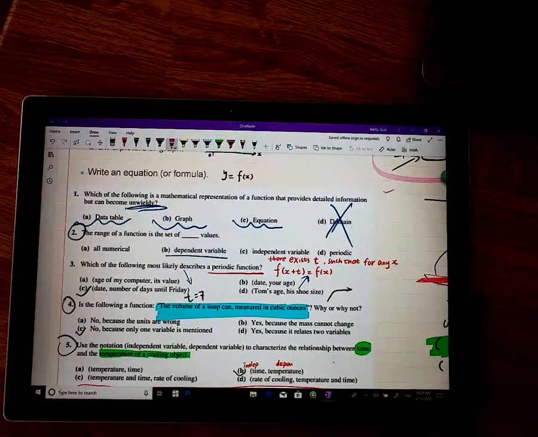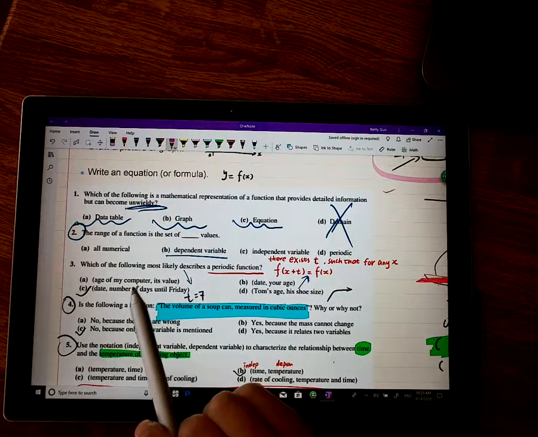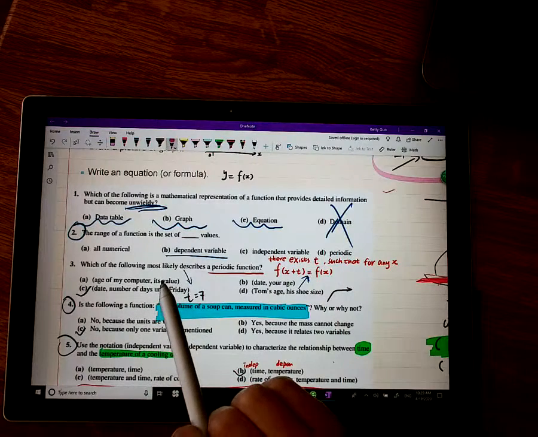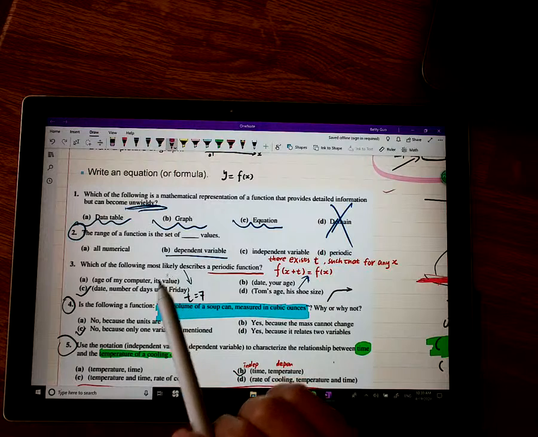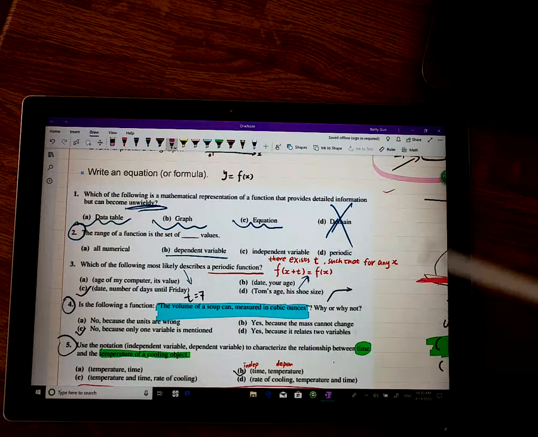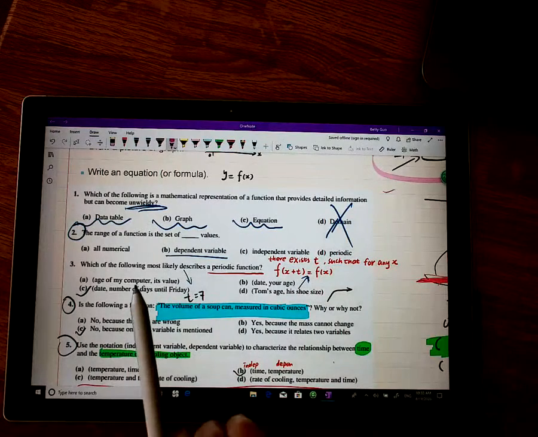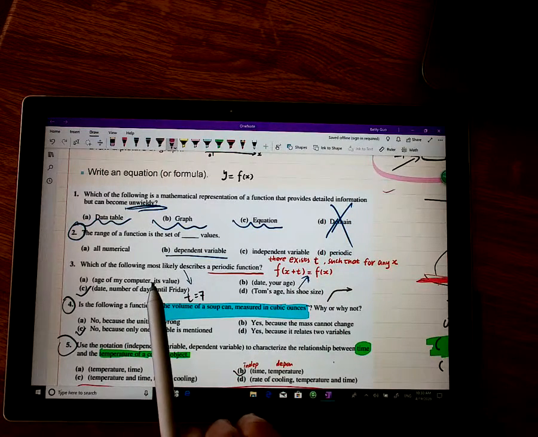So let's consider how the second component changes if the first component changes. Age of my computer, the computer is getting older and older, right? And its value becomes lower and lower. By common sense, the regular computer is like that, right? So do you see the cycling thing, like a recycle thing? No. So that is not a periodic function.